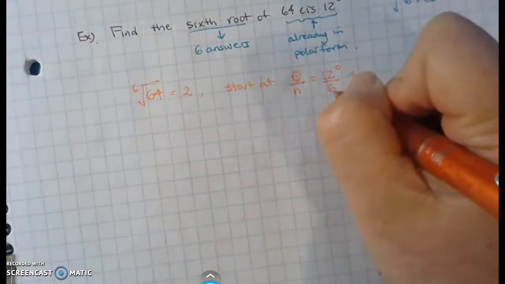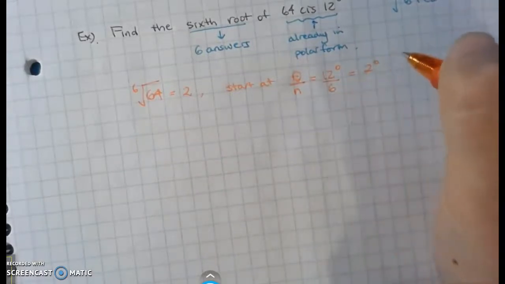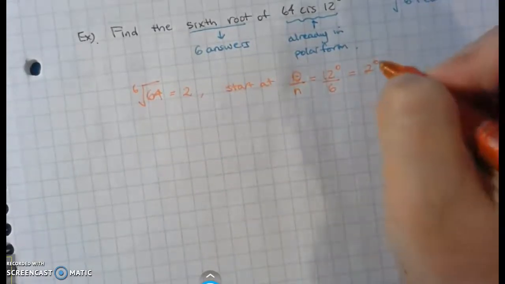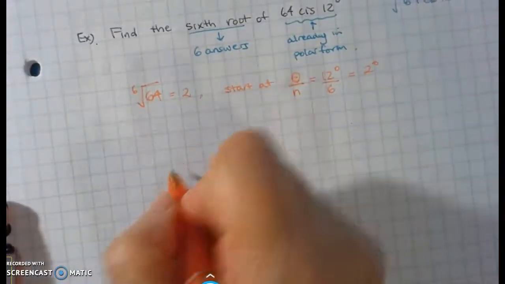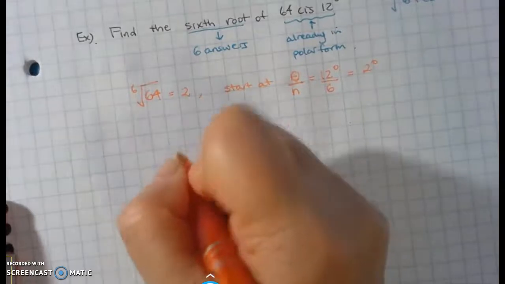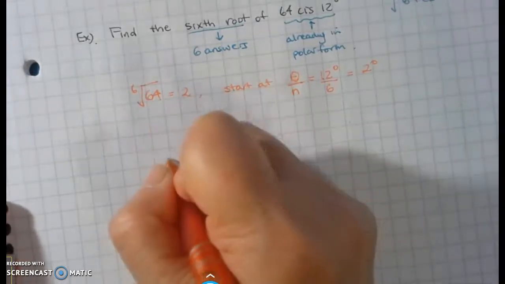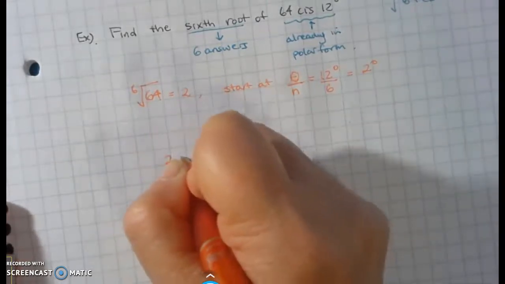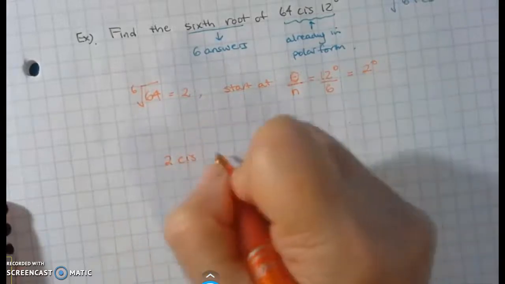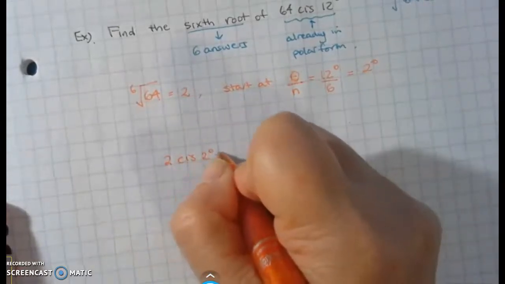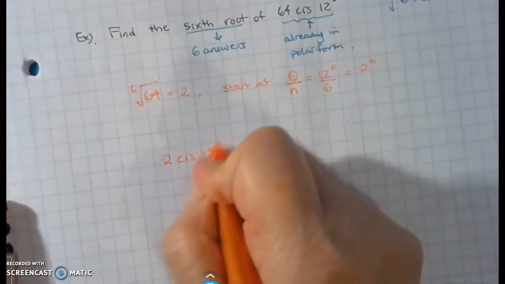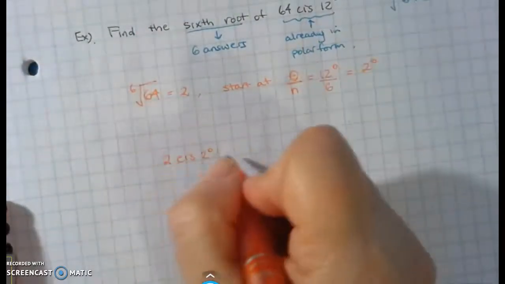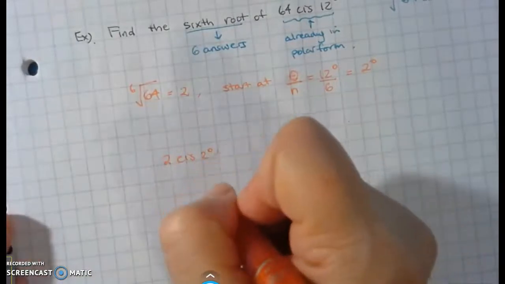So 12 degrees divided by 6 is 2 degrees. I am starting with 2 degrees. My first solution is 2 as my modulus, and then cosine of 2 degrees plus i sine of 2 degrees. I can write that in shorthand as 2 cis 2 degrees. This is my very first solution.